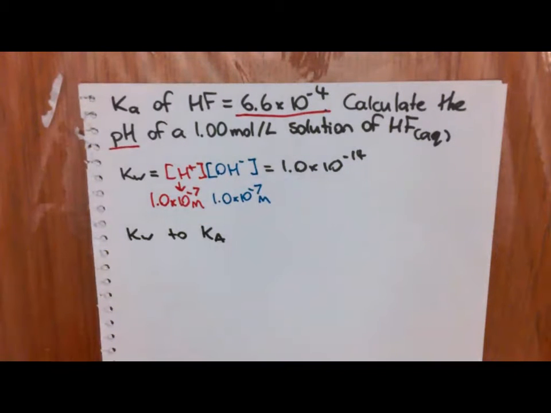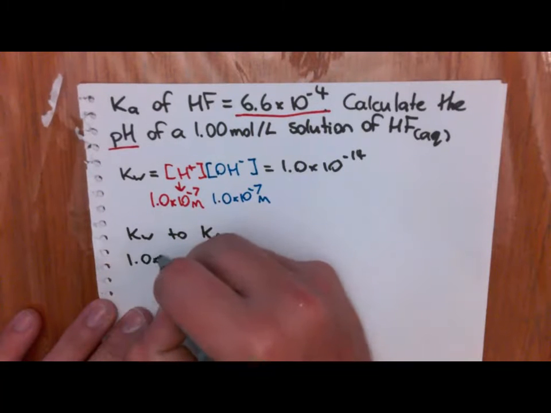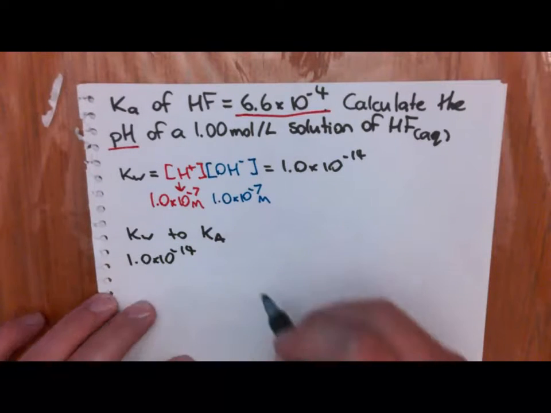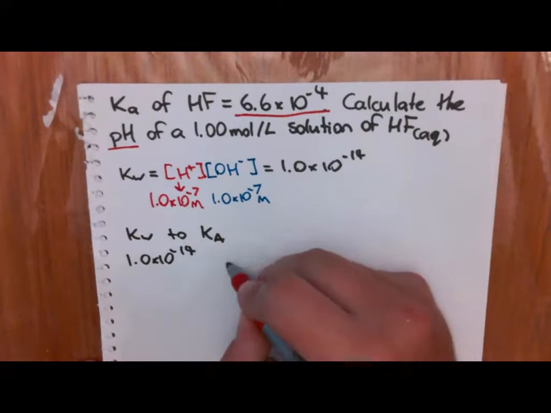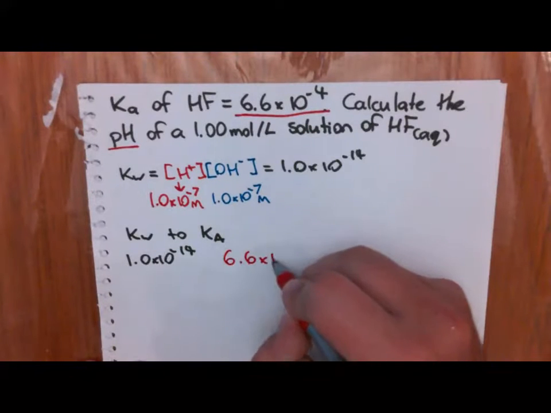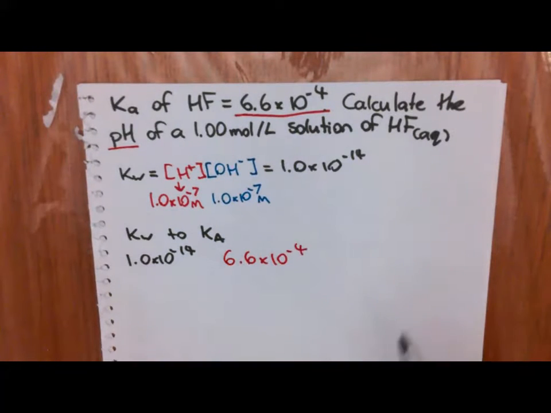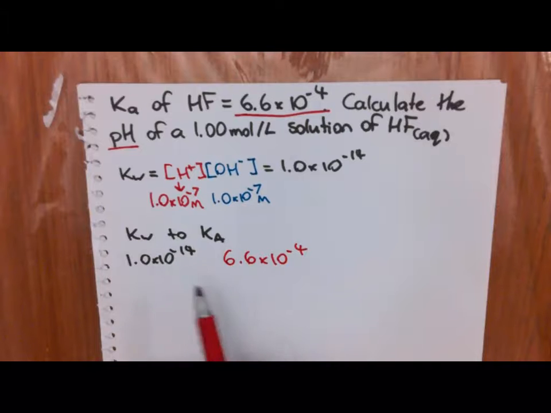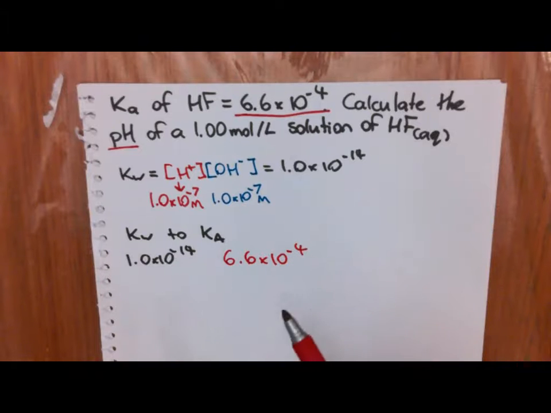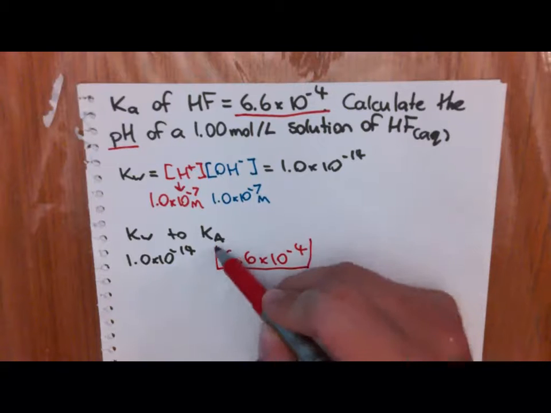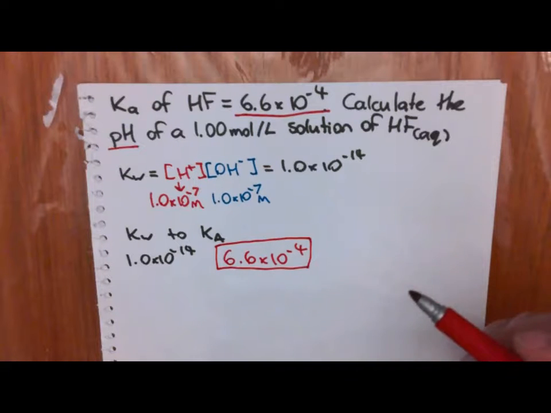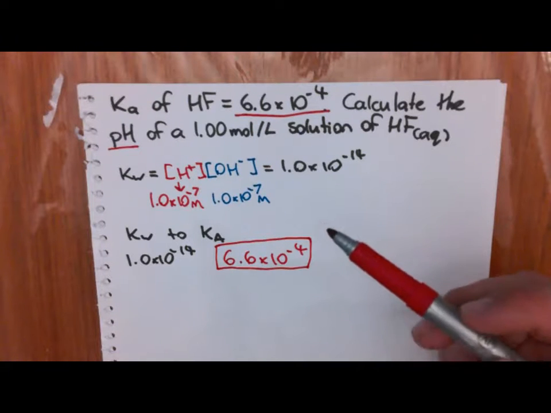As we see here, our Kw is 1.0 times 10 to the negative 14, and our Ka, as we see up here in the question, is 6.6 times 10 to the negative 4. By looking at these, we can say with pretty good certainty that the majority of our H plus ions are going to be coming from here, because this is a much larger number by many orders of magnitude.